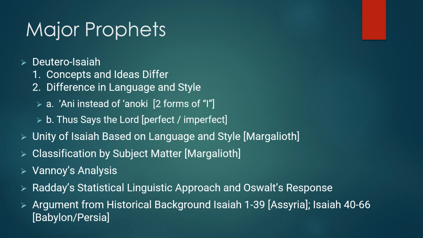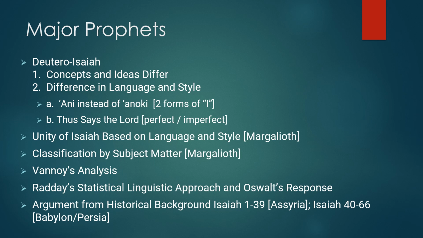And then in 4 passages, and he lists them here, chapter 43, verse 14, and chapter 47, verse 1, and then chapter 48, verse 14 and verse 20, Babylon is spoken of by name in these terms, and this historical situation is confirmed by numerous other passages.